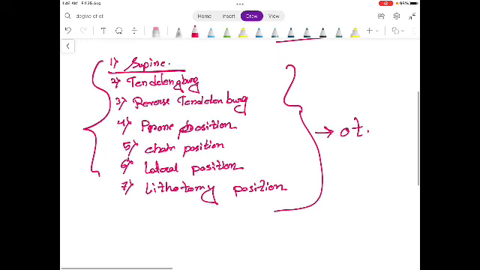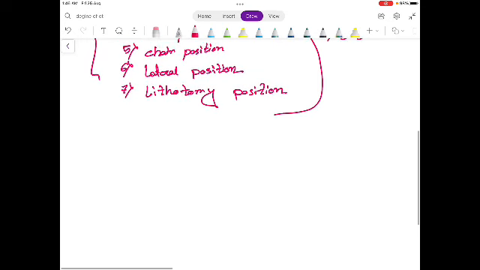So first of all, taking the first position, that is the supine, right?